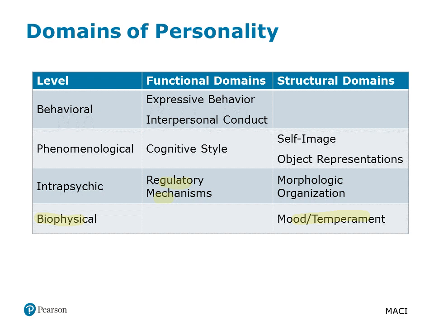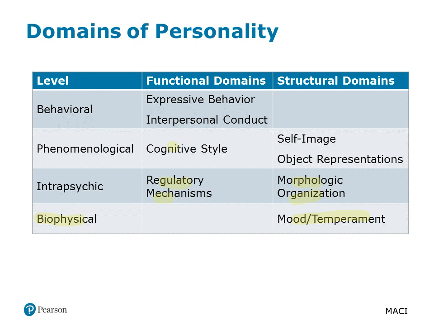Regulatory mechanisms and morphologic organization relate to the intrapsychic model, which includes maybe some of the models, for example, started by Dr. Sigmund Freud, models that study the unconscious in different ways.